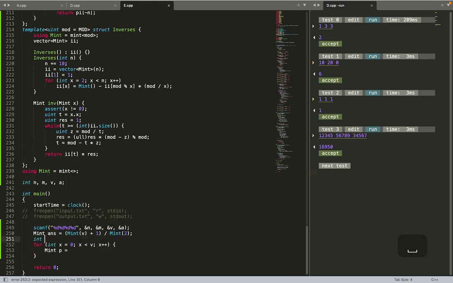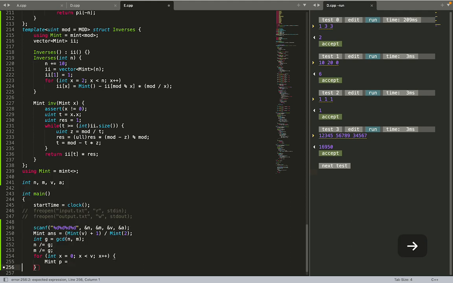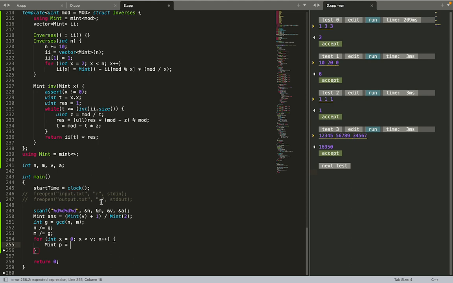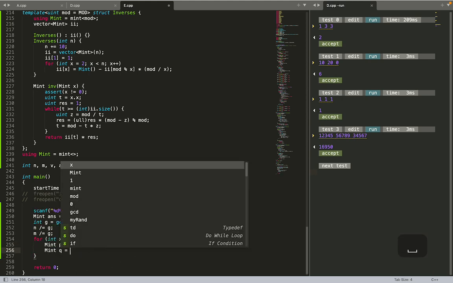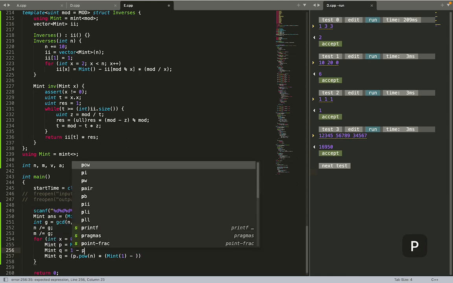We need to calculate GCD. The probability that in one component everything is good is p to the power of n multiplied by q to the power of m, where q is 1 minus p.